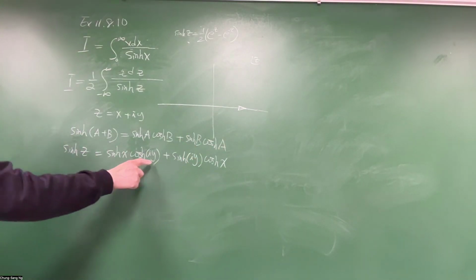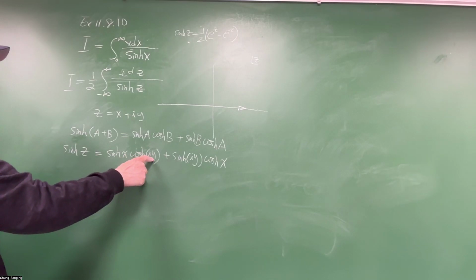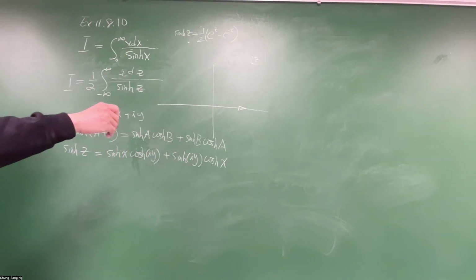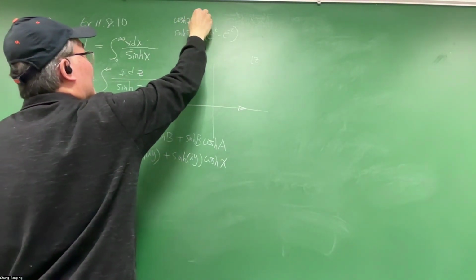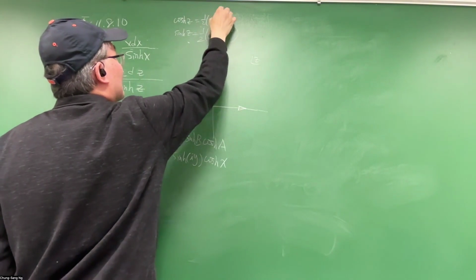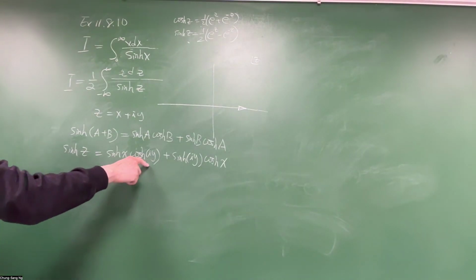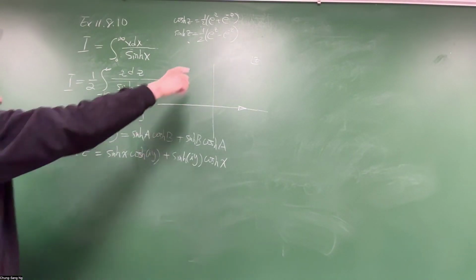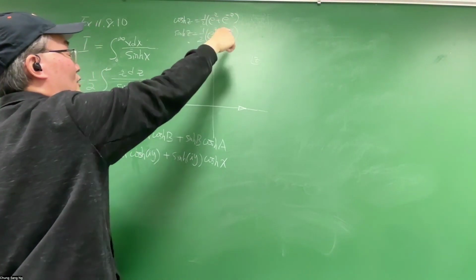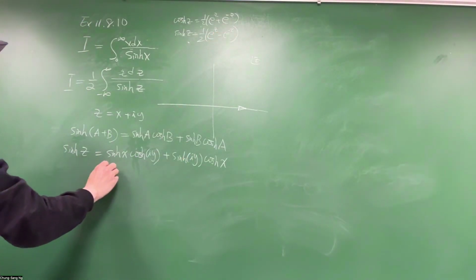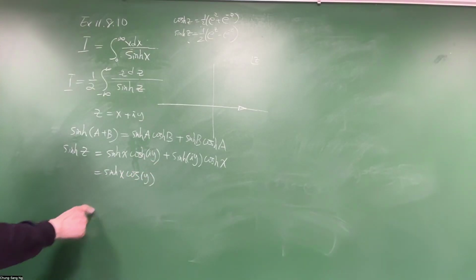Now we use the fact that for purely imaginary arguments, cosh and sinh are related to cosine and sine. We can figure that out because cosh is e to the z plus e to the minus z. If the argument is purely imaginary, this becomes iy and this becomes minus iy, and this obviously becomes cosine y.